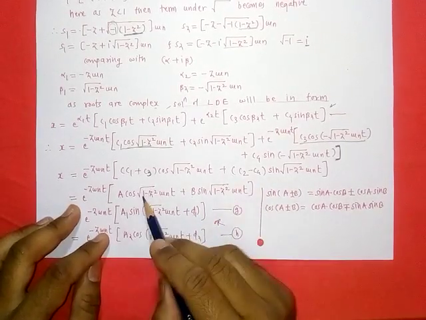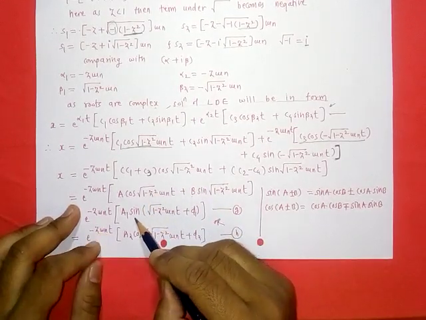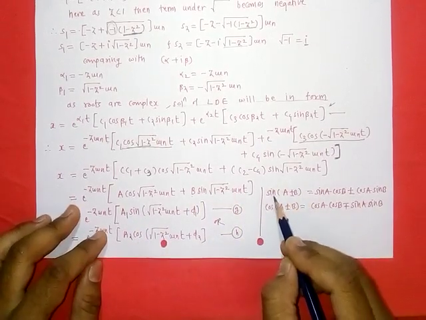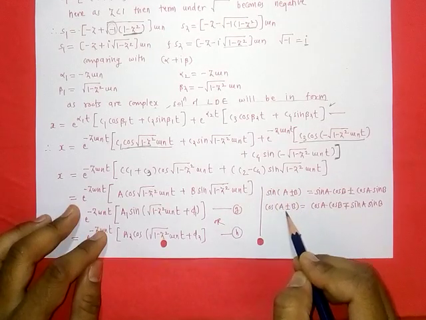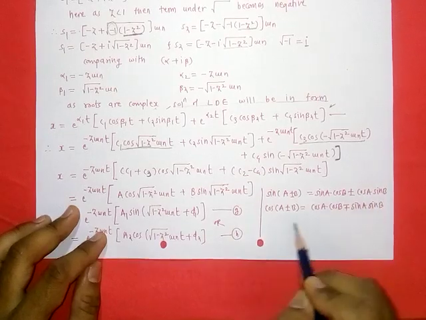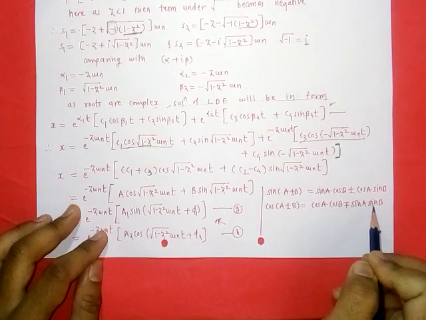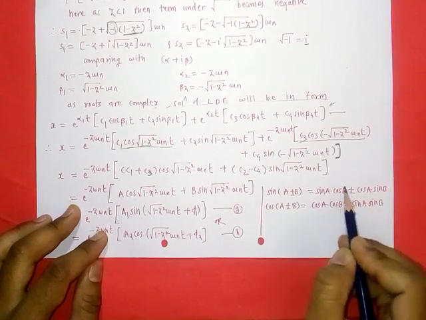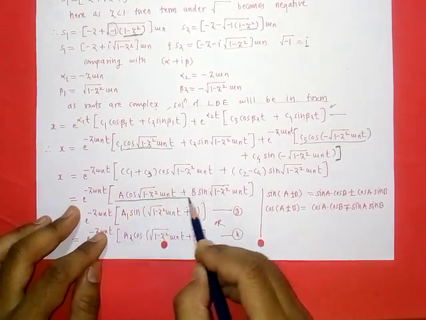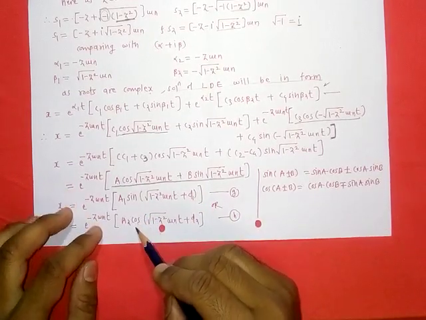For this term we can replace it in terms of either sine or cos, because we have two relations: sine of a plus b is sine a cos b plus minus cos a sin b, and cos of a plus minus b is cos a cos b minus plus sin a sin b. So using these relations we can replace this term in the form of either sine or cos.